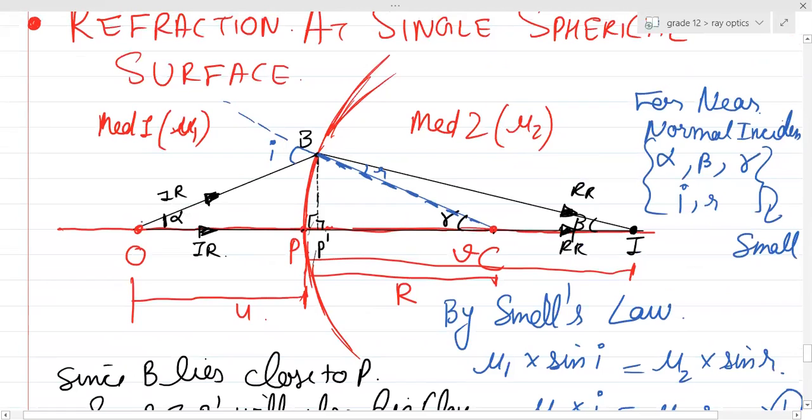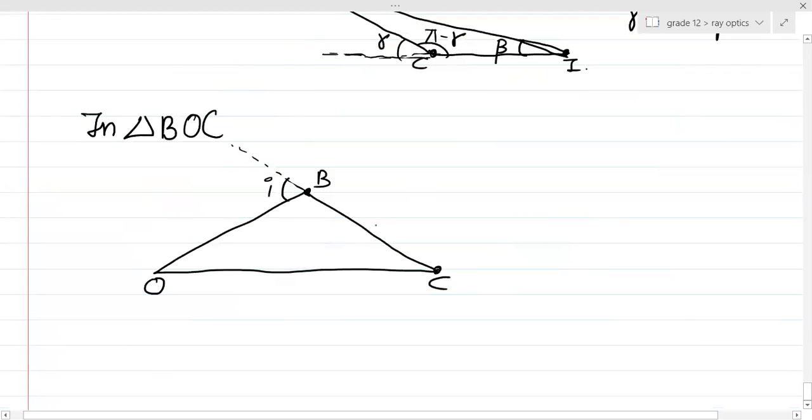Can everyone see over here? This OB and this normal were basically the angle of incidence, right? BC was basically the normal, so this angle was I. This is alpha and this is gamma. Similarly, with the same concept, can I apply it over here as well?